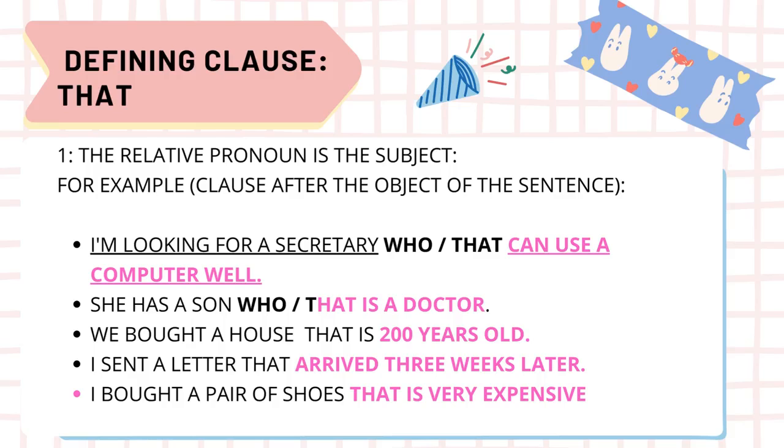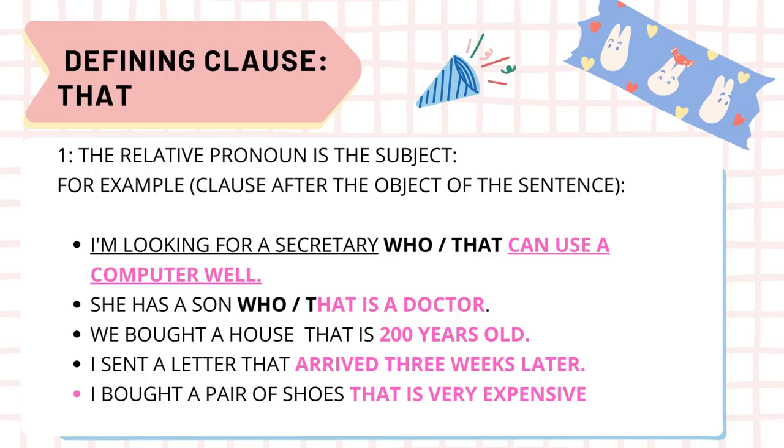Okay, so let's take a look at the first example. I'm looking for a secretary who or that can use the computer well. So the first piece of information is I'm looking for a secretary. The second piece of information is that or who can use a computer well.